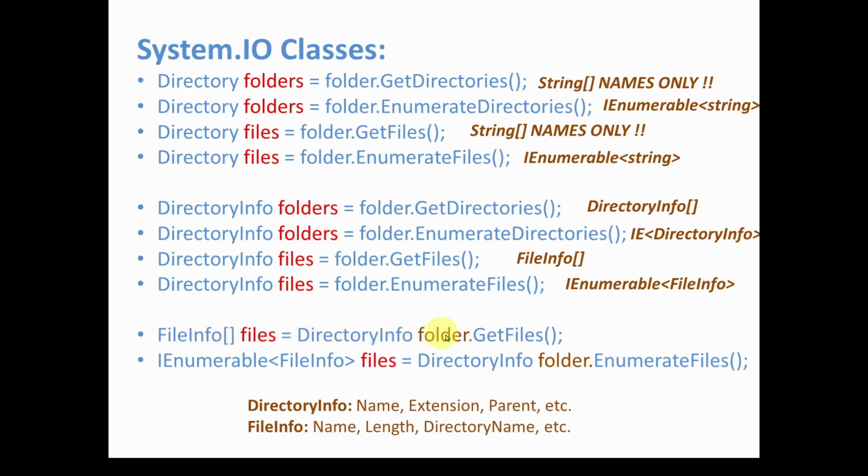Those allow you to get the files in that list, and from that we can grab, as you can see down here, directory info has the name, the extension, the parent. The file info has name, length, which we can use, that is, how many bytes of storage, directory name, and so on. So we're going to focus on these directory info and file info classes to get the data that we need.